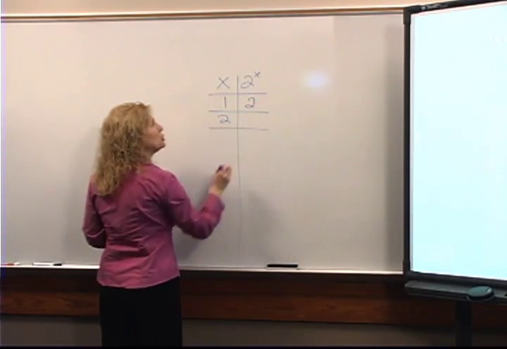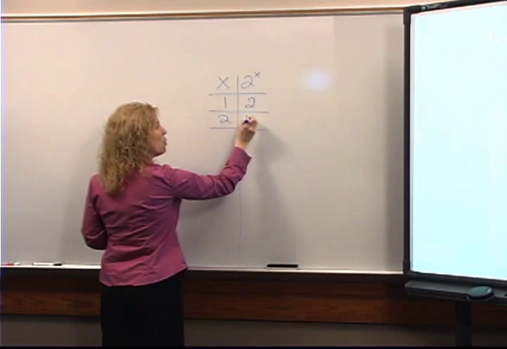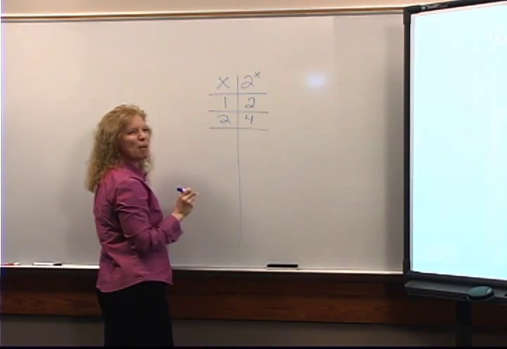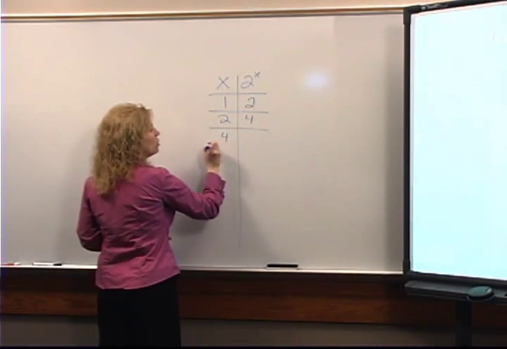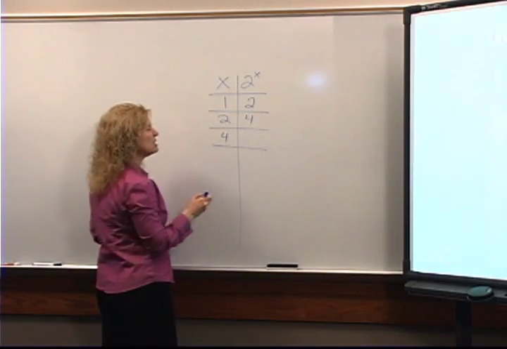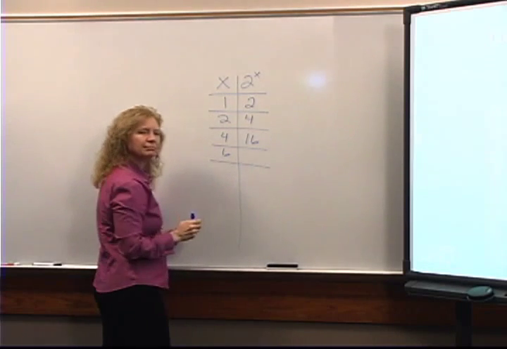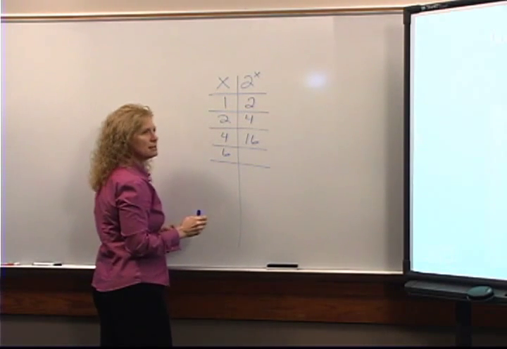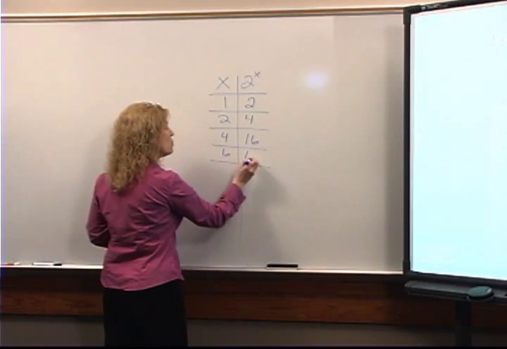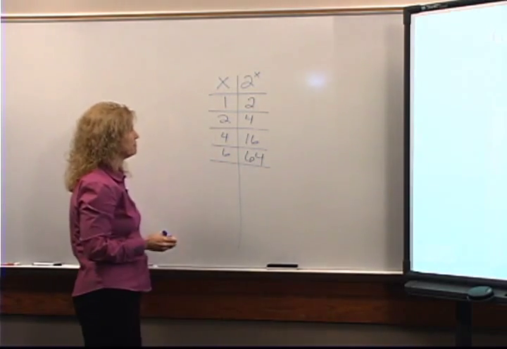If x is 2, 2 to the second is 4. Let's hop out just a little bit. How about 4? 2 to the fourth is 16. How about 6? 2 to the sixth is 64. It's getting up there.